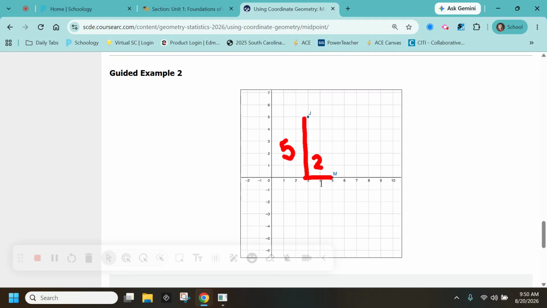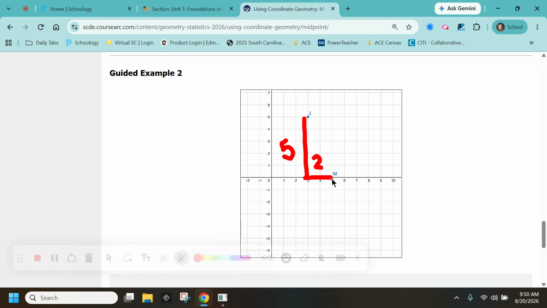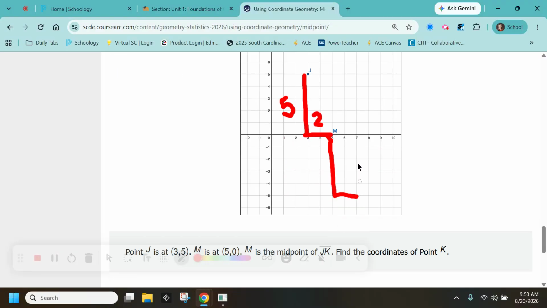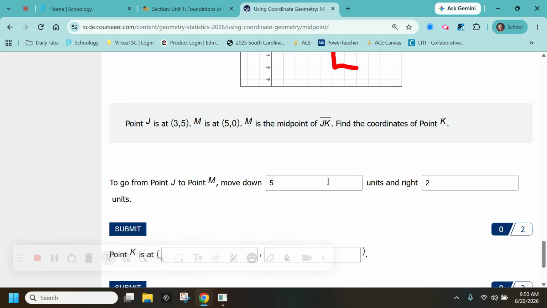And now we're going to do that same thing from M to find where point K would be. So I'm going to go down 1, 2, 3, 4, 5, and to the right 2. And so K would be located here at 7, negative 5.